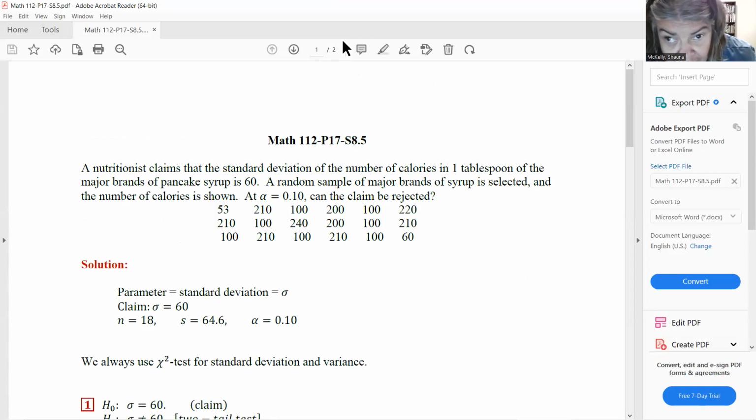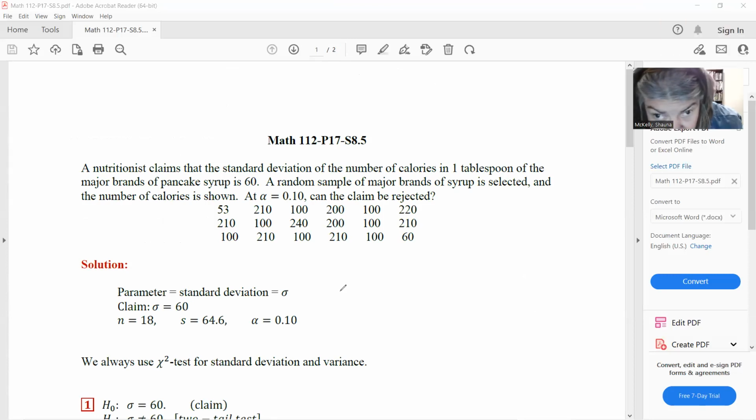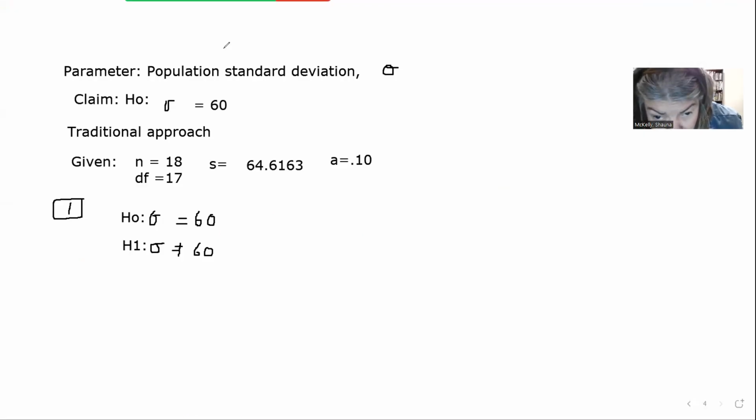And so what I'm going to do now is I'm going to write claim behind H0 right here. And I'm going to write two-tail test in brackets behind H1. Okay.